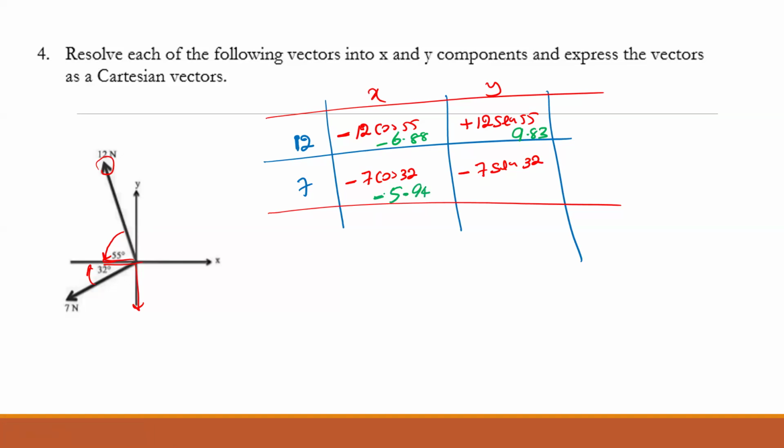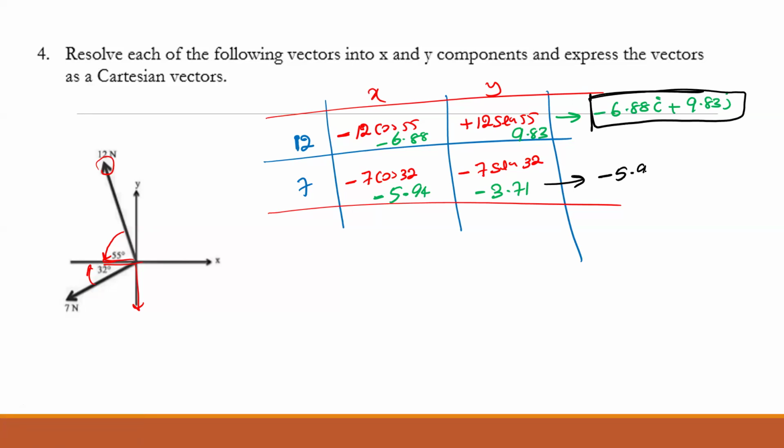And we have 7 sin 32, which is negative 3.71. So you can write this one as negative 6.88i plus 9.83j. That's how you write this vector in the Cartesian form. This vector you can also write in the Cartesian form, which is negative 5.94i minus 3.71j. So that is that.